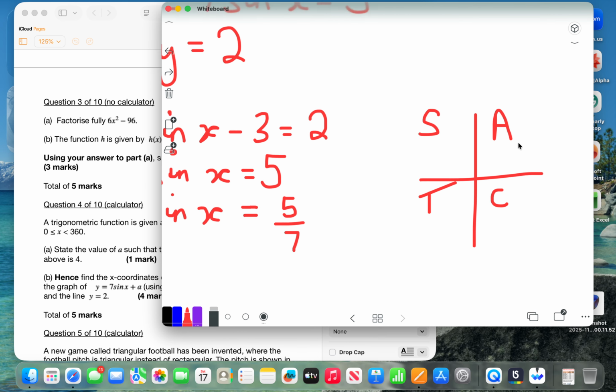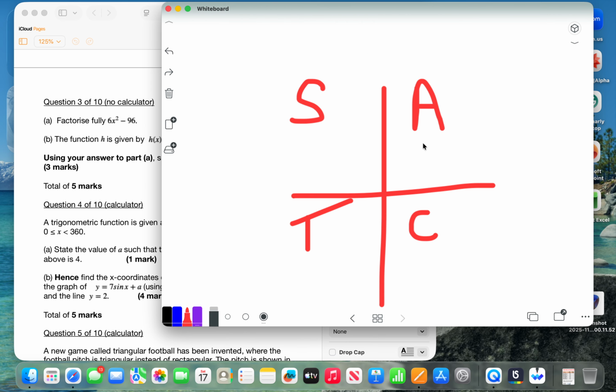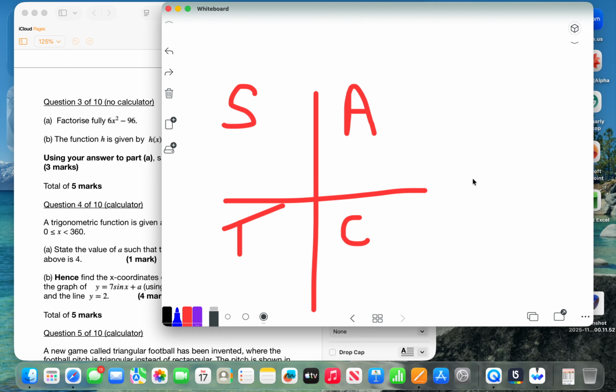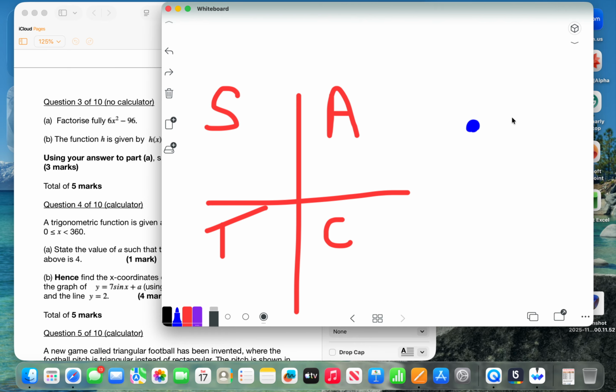And the idea is that all the sine, the cosine, and the tan are positive. So I'm going to make this as sine.